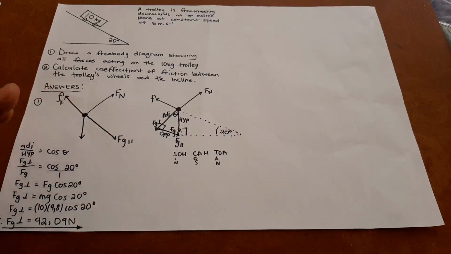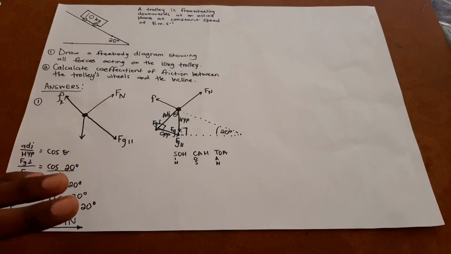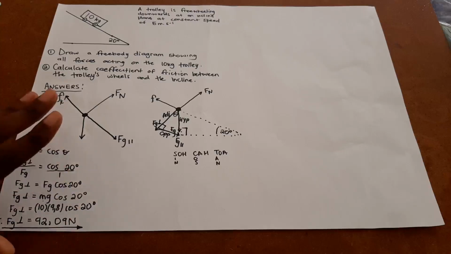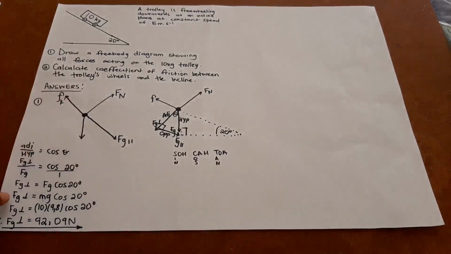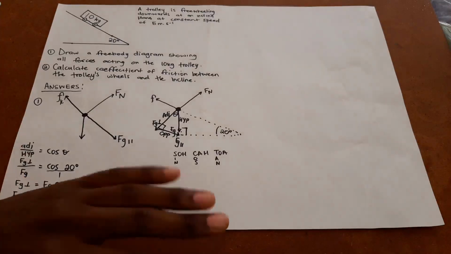Let me re-emphasize this. The only thing that you should know is that in each and every calculation, to make things short, FG perpendicular is always equal to mg cos theta.